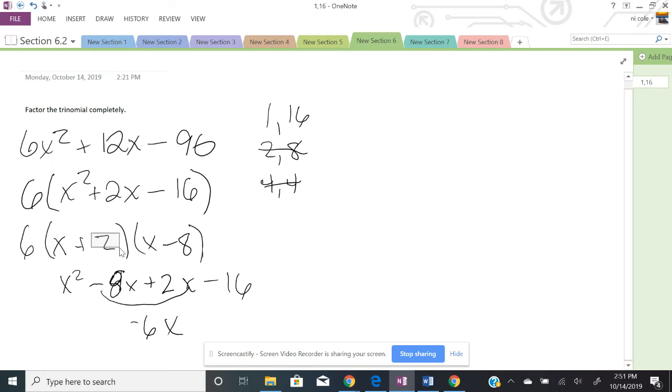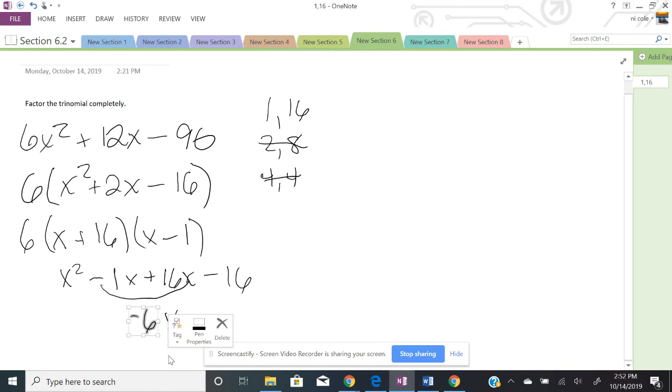Now we can try 1 and 16. So I'm just going to put 16 and 1. So this gives me minus 1x plus 16x.